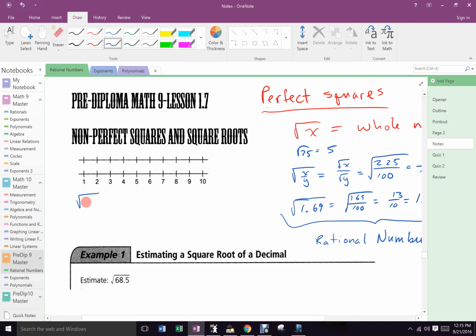If the square root of x is not a whole number, it is not a fraction, and it is not a repeating decimal, then you have what is called an irrational number.